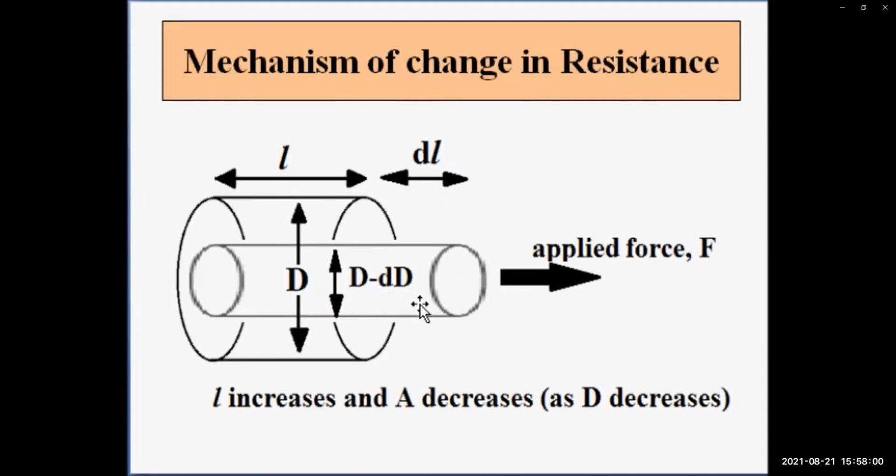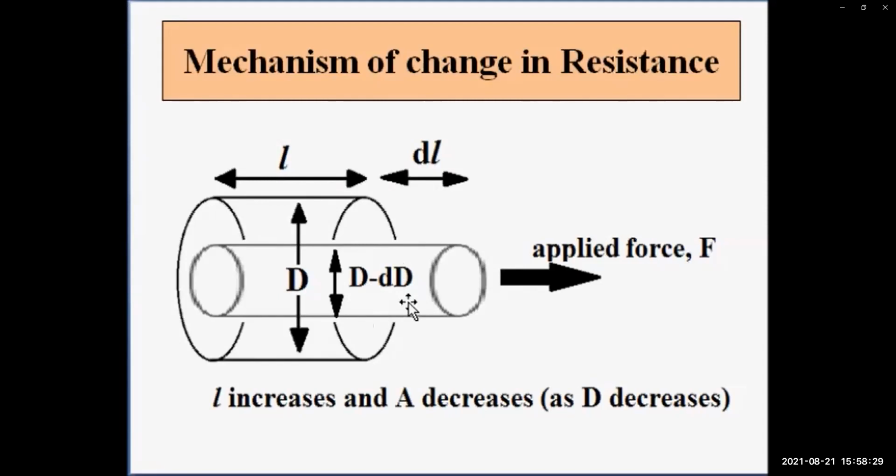Now, because of this applied force and expansion, there is an increase in the length. So, there will be an increase in resistance, because resistance is directly proportional to length of the material. But as the cross-sectional area gets reduced, there will be an increase in the resistance as well, because cross-sectional area is inversely proportional to resistance.